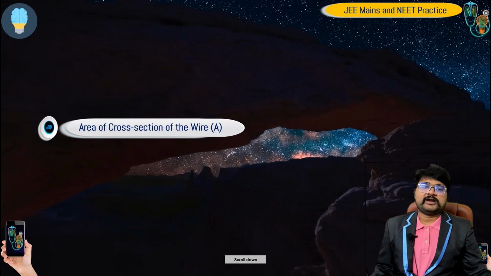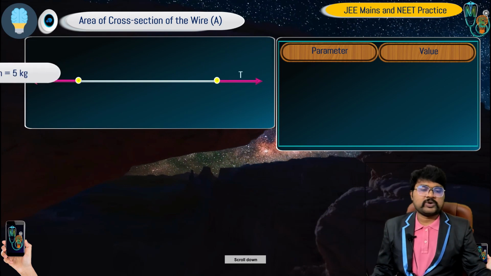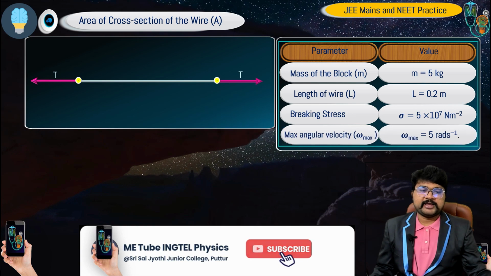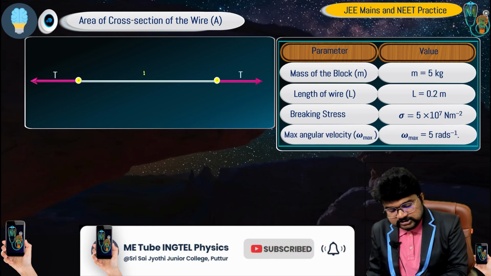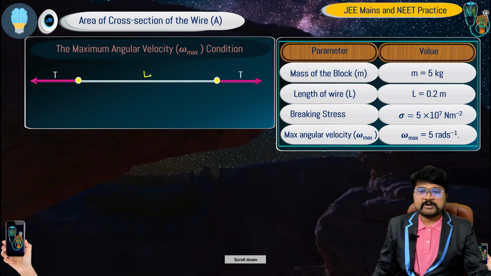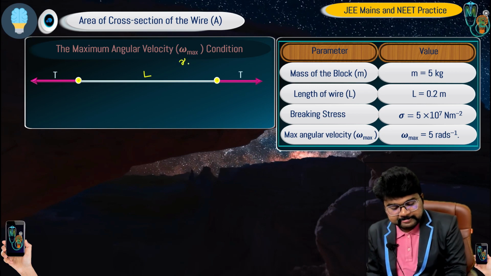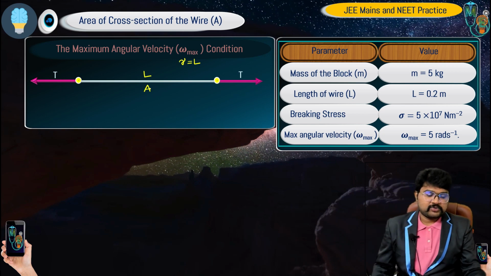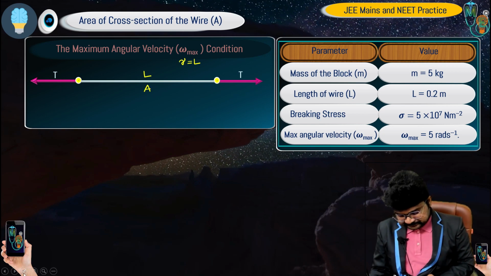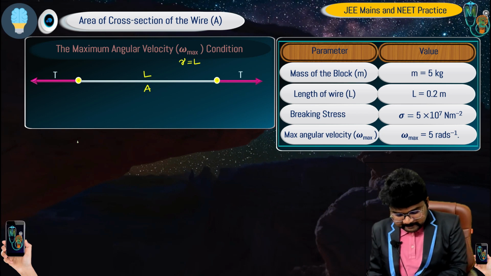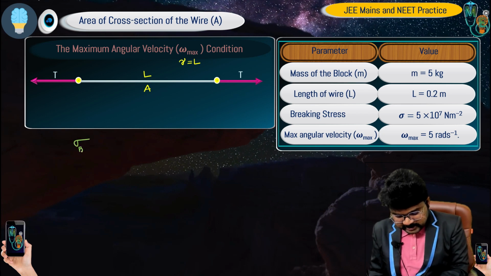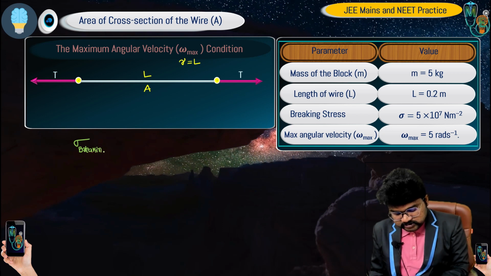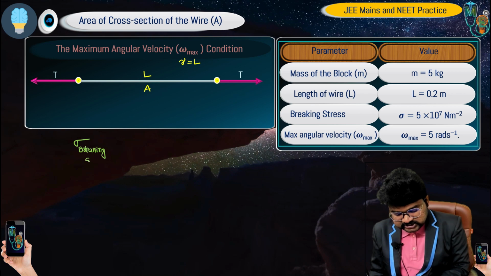See here, write down the given data. We can easily calculate: mass of the body 5 kg and breaking stress, everything is given. Length of the wire at maximum angular velocity condition, R equal to L. Area of cross section A. Now, what is the breaking stress, sigma? This would be the breaking stress induced.